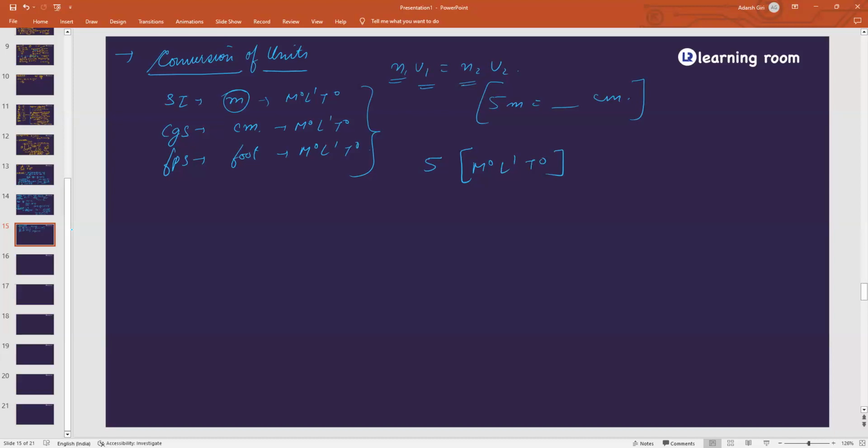In the second system of units, I don't know the exact numerical value, but I know the dimensions. Dimensions are still the same: M2 to the power 0, L2 to the power 1, T2 to the power 0. Agree with me? Yes, sir.